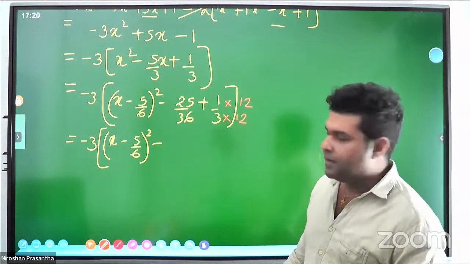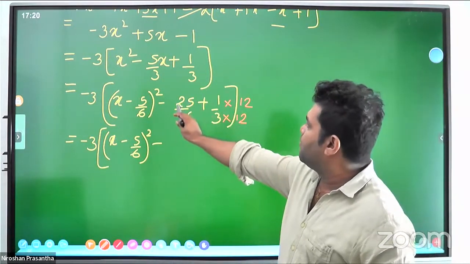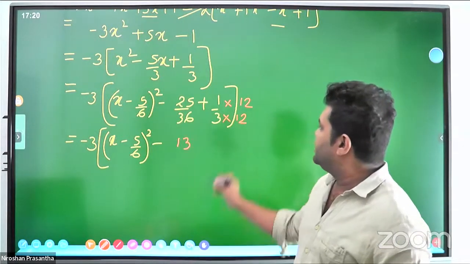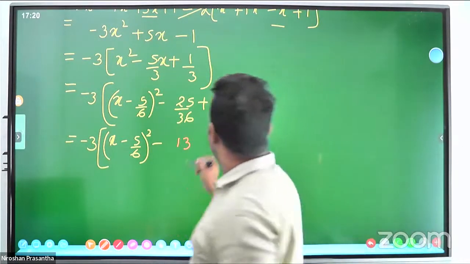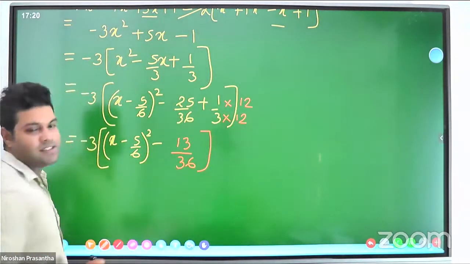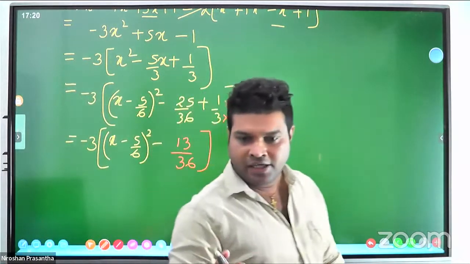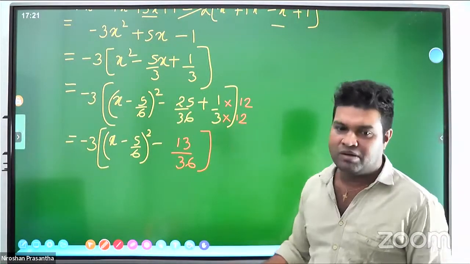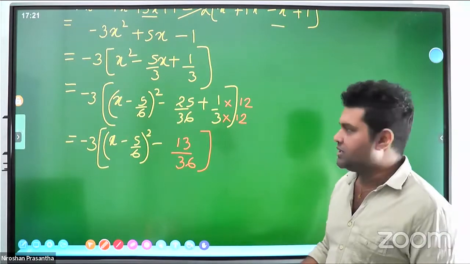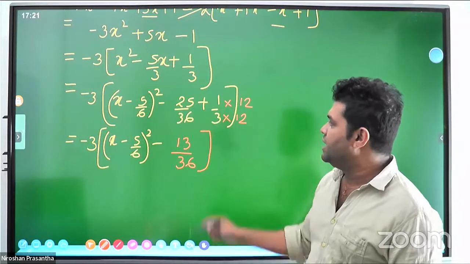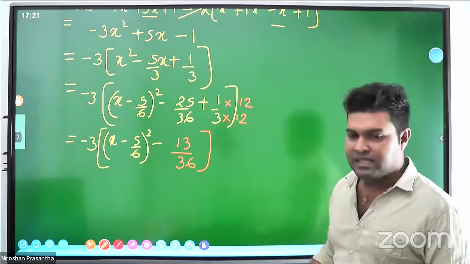You know that 12 and plus 25, it is minus 13, and this is over 36. Are you okay with this? You can identify because of the 36 denominator, I have to simplify them. We must simplify. Therefore, the 12 and 25 remaining is negative 13, the common denominator 36.